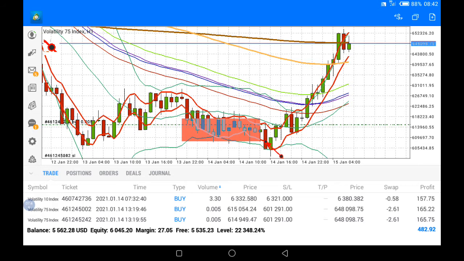So the harami pattern, like I said, requires a confirmation candlestick. You should wait for the next candlestick before you can confirm the harami to be a bullish reversal pattern, which is what I did, right?